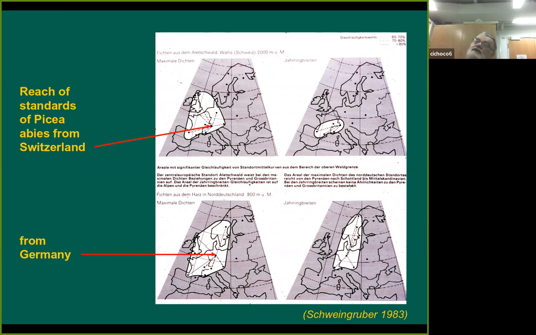So the South German fir tree standard can be used in Austria as well. On the contrary, spruce is only possible to be investigated very locally because this tree obviously takes account of the local climate in the first place.